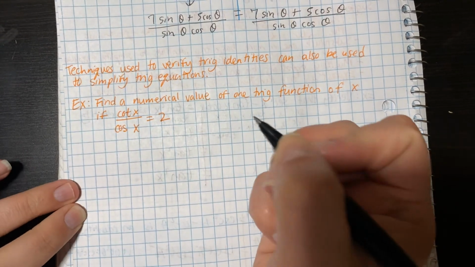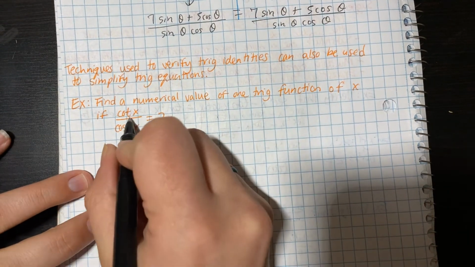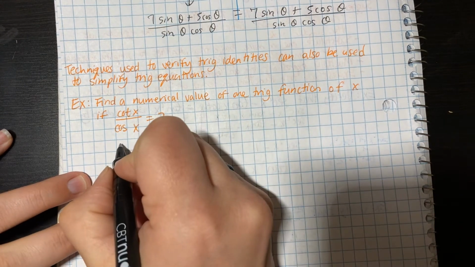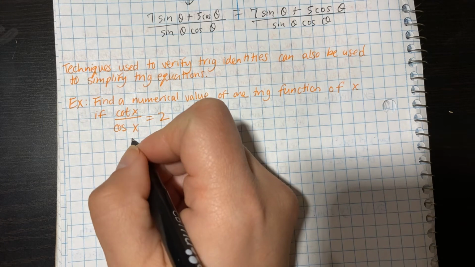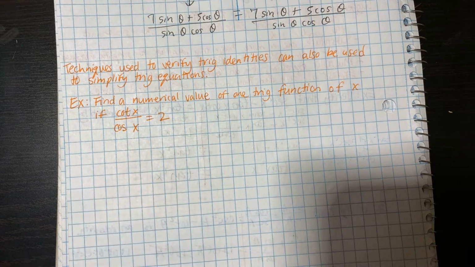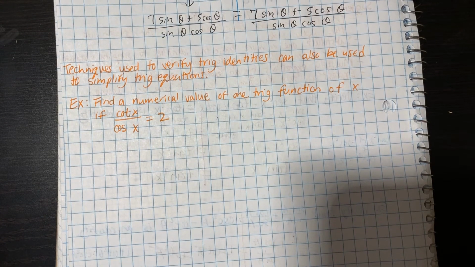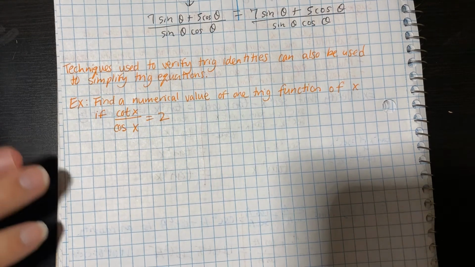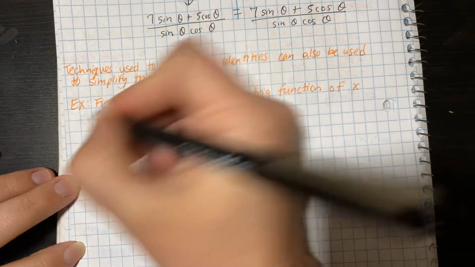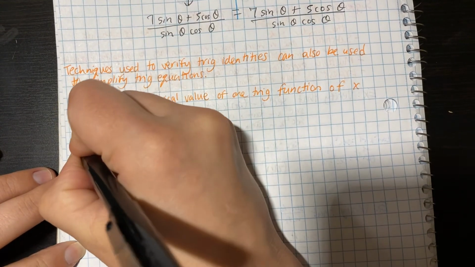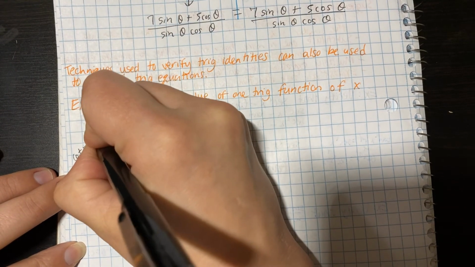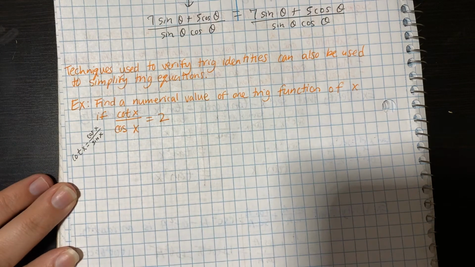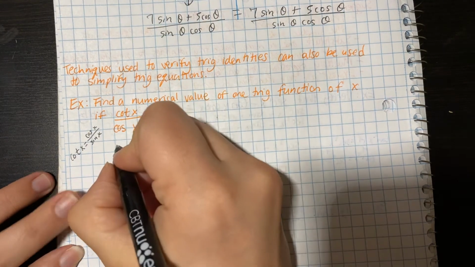So what I would do is start out with that cotangent. We know that tangent is sine over cosine. So we know that cotangent of x equals cosine over sine. Okay, so we can just plug that straight in.